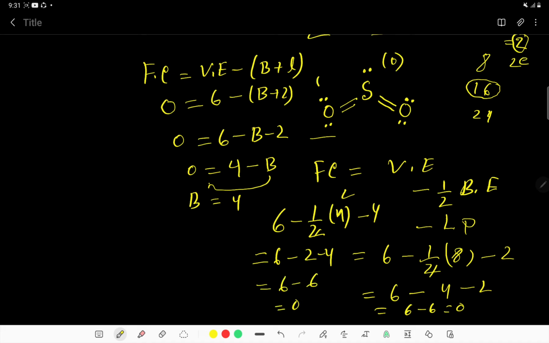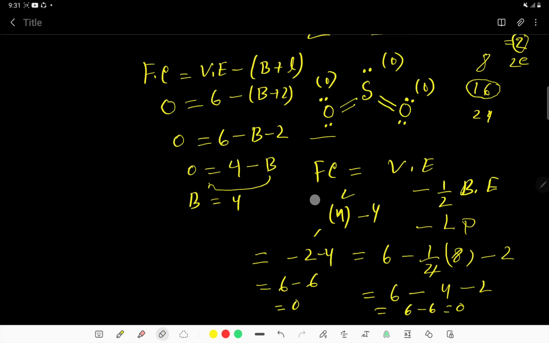So the formal charge of oxygen is 0. This oxygen will have 0 formal charge. So this is the way to find out the formal charge after considering the bonding electrons and lone pair. So here is another way, right?